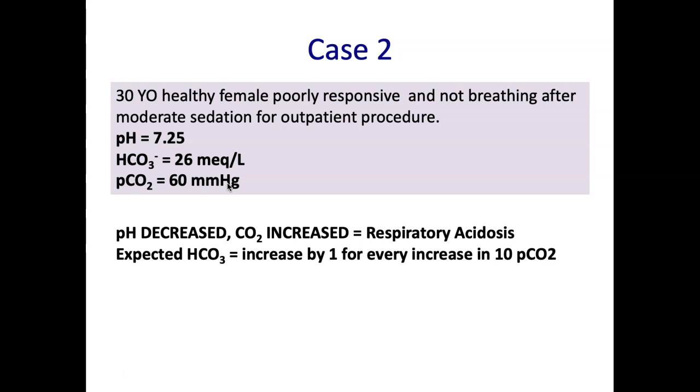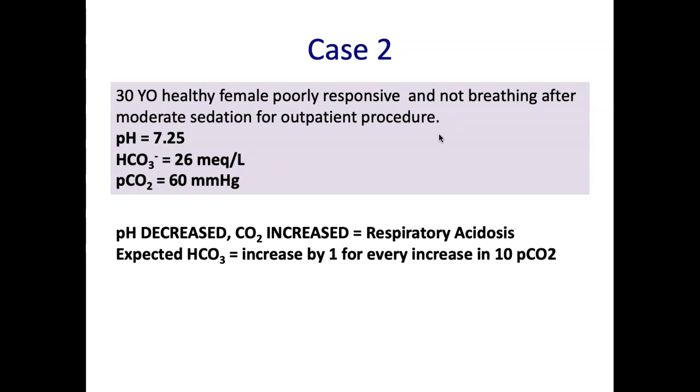So now that we know the primary problem, we ask, is that bicarbonate what we would expect? Remember, you go to your table. The expected bicarbonate goes up by 1 for every increase in the PCO2 by 10. Remember, this is an acute respiratory acidosis. She was healthy, but we did the procedure and now she's not breathing, so this happened pretty fast.